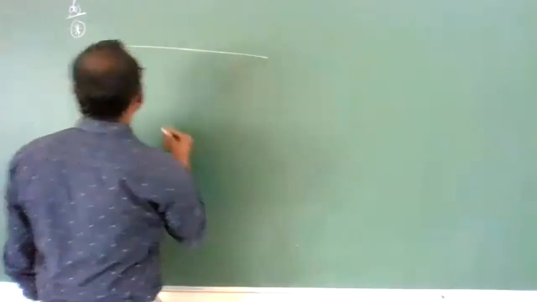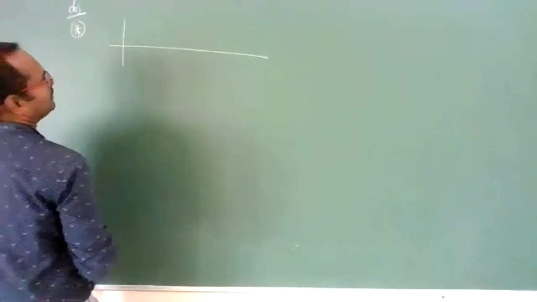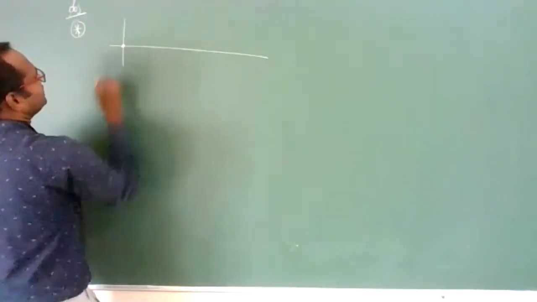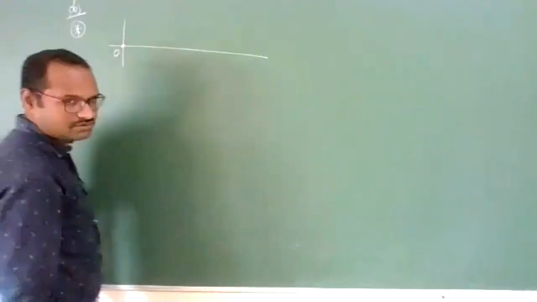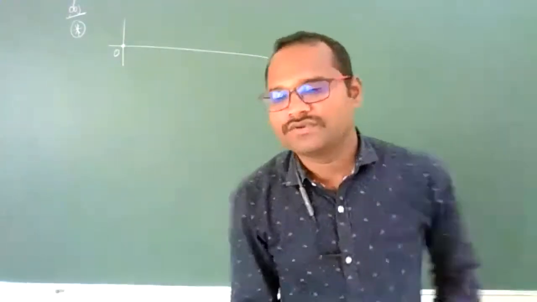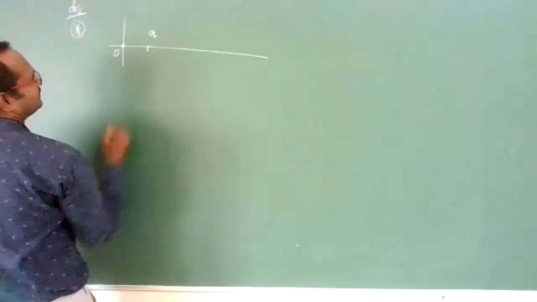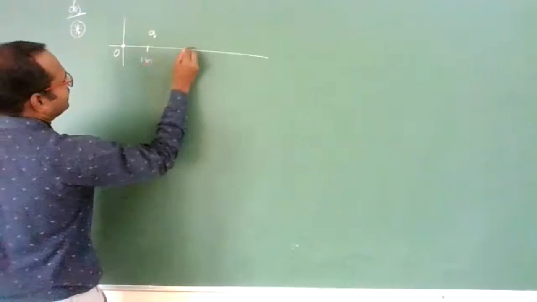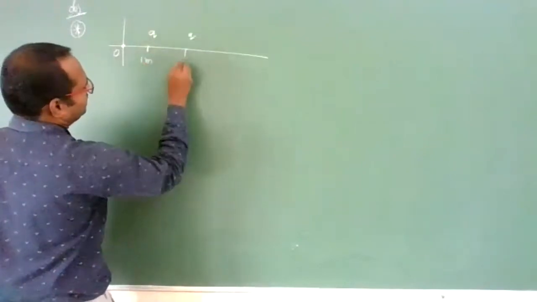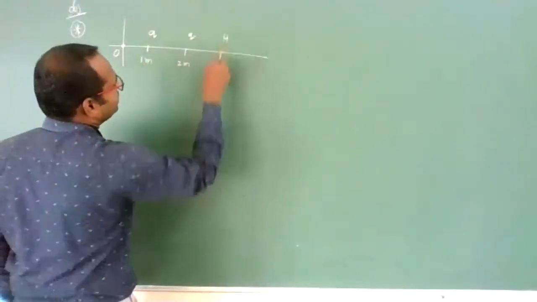Sometimes you may get questions like this for your objective exams. Let us suppose there is an x-axis, and on this x-axis there is an origin O. From this origin, at 1 meter distance, a charge q is present. At 2 meter distance, one more charge is there. Next, at 4 meter distance, one more charge.